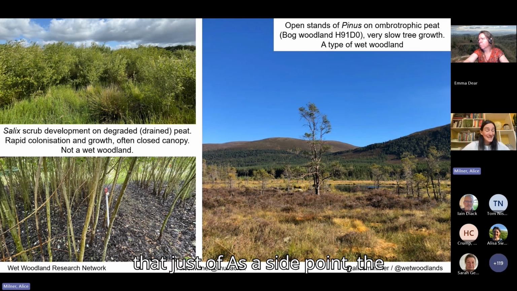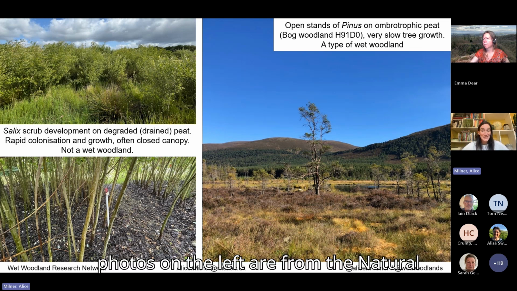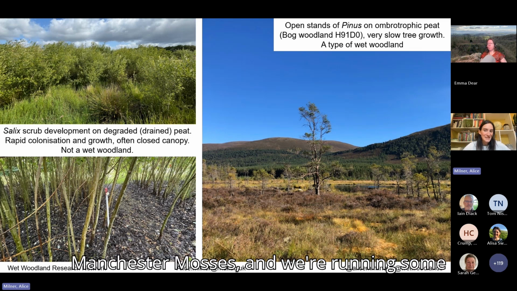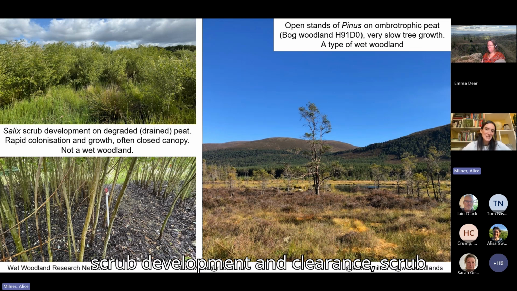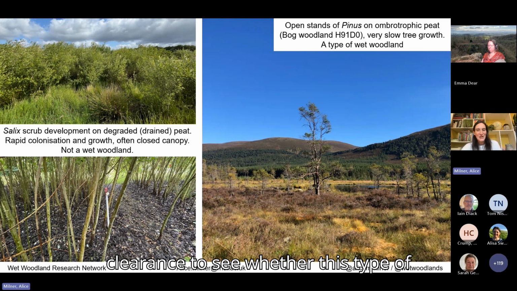Just as a side point, the photos on the left are from the Natural England Moss-side farm site in the Manchester Mosses, and we're running some really interesting experiments on scrub development and scrub clearance to see whether this type of situation can develop into a healthy wet woodland as part of a trajectory of peatland restoration to bog.